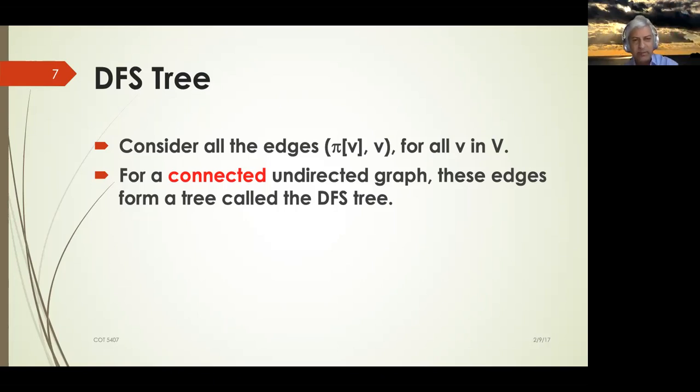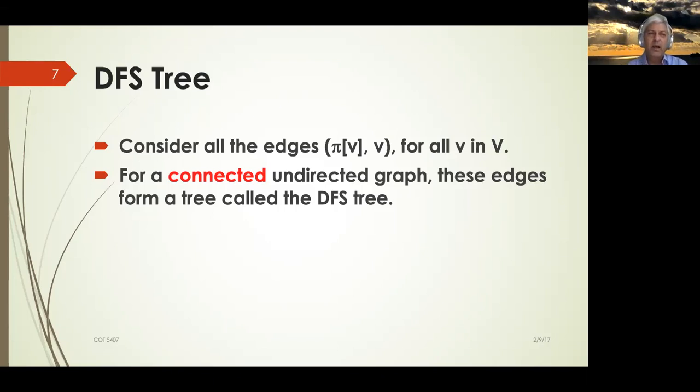Everything else will have a parent, which will tell you where you visited from for the first time. And that pointer also helps you when you finish with depth first search from a vertex, you always go back to the parent. Is that clear? That's clear.